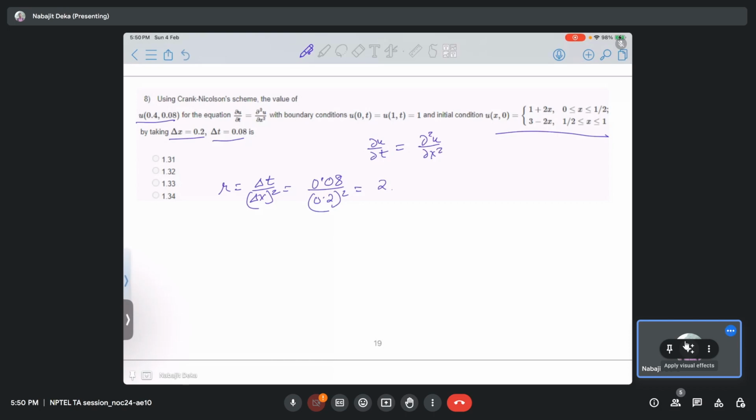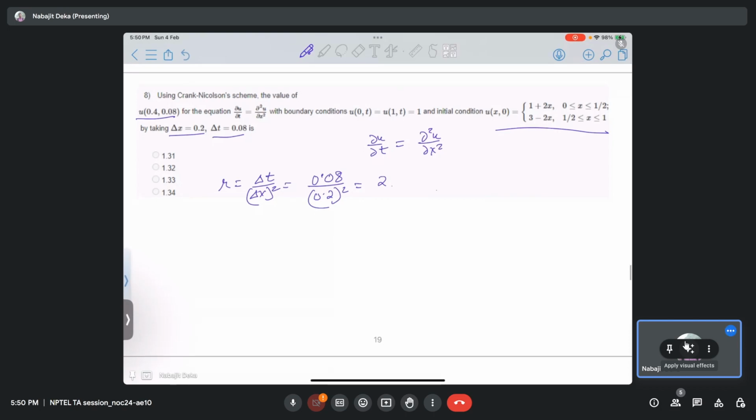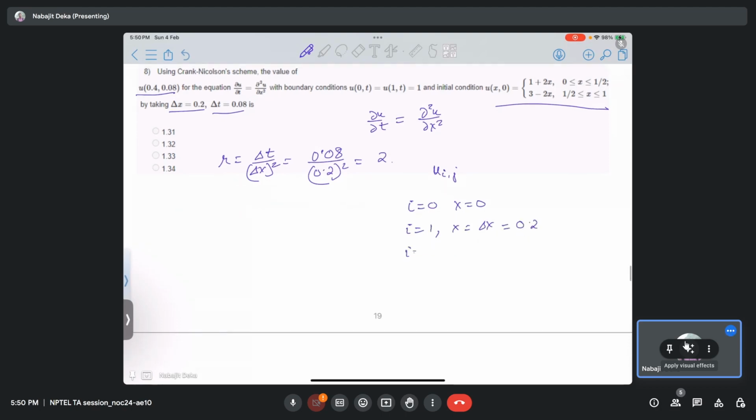Now if we represent i comma j, then i equal to 0, x is 0; i is 1, x is delta x, and that is 0.2; i is 2, x is 2 delta x, and that is equal to 0.4.